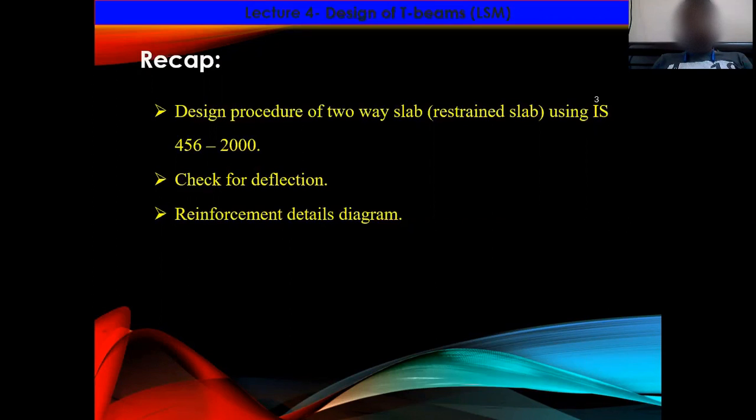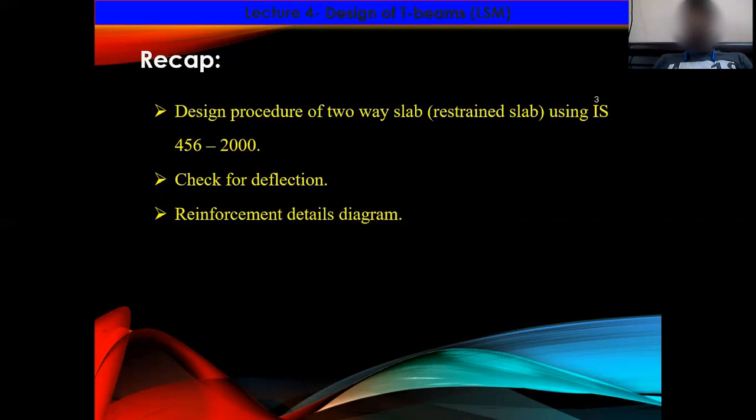Again, two-way slab is further classified into two types based upon the end condition, that is restrained slabs and unrestrained slabs. And we solved example problems for all the cases. Last class we solved an example problem on restrained slabs.